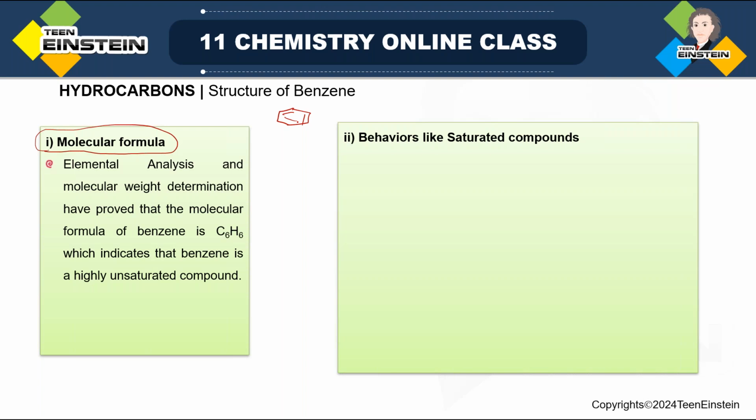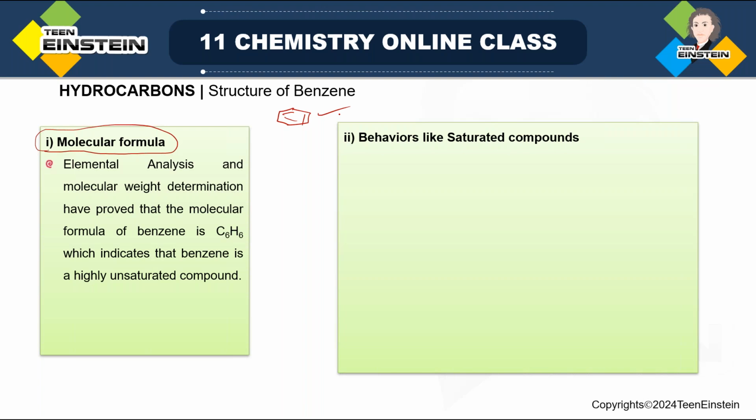Once we finish the discussion, you will understand how gradually we are approaching the proof that benzene has this type of structure. So we will talk about some evidence, some experimental observations, on the basis of which we can say that benzene has this structure.